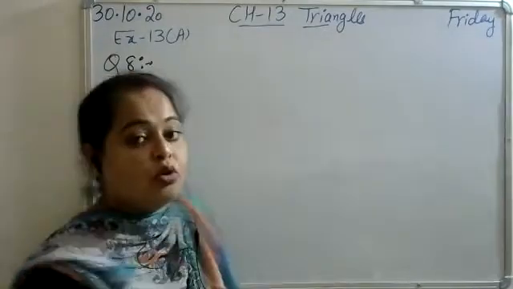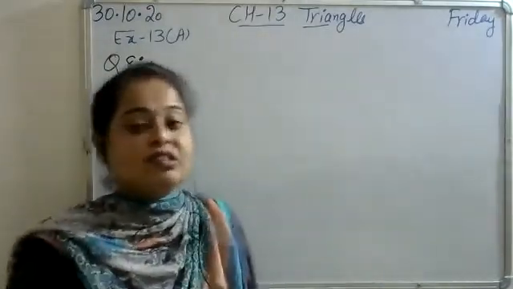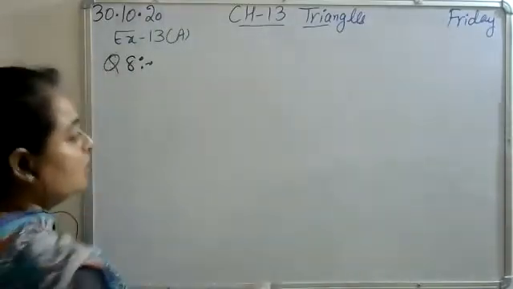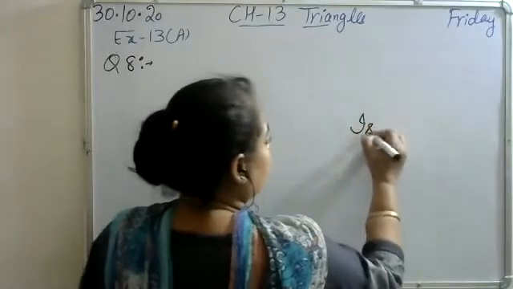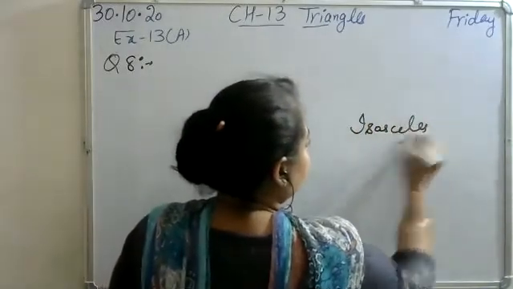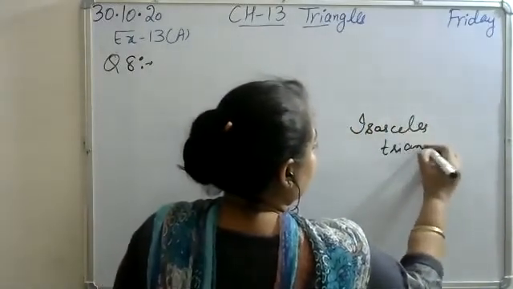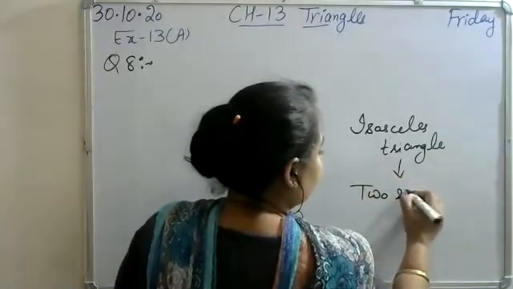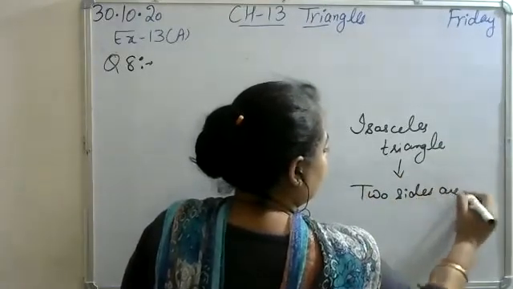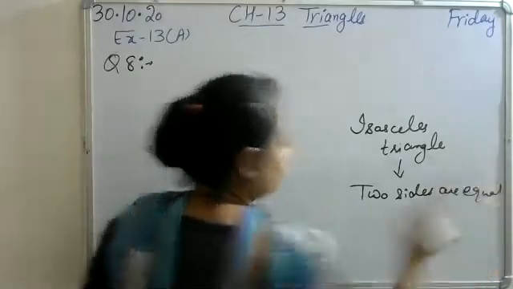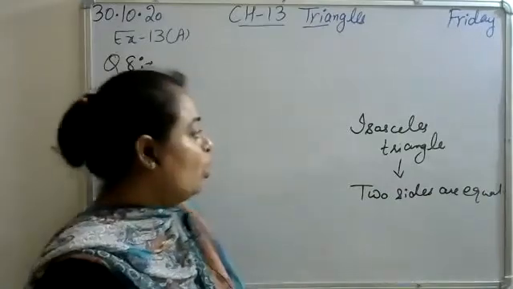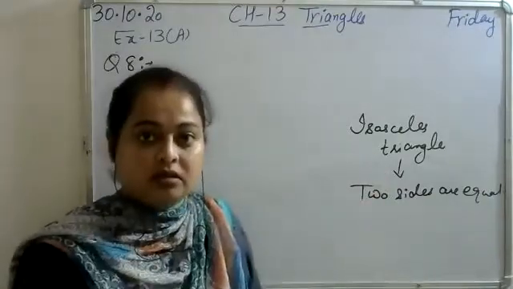Students, as we know, in an isosceles triangle, two sides are equal. You know na? Isosceles triangle, two sides are equal. Now, one more property based on isosceles triangle.